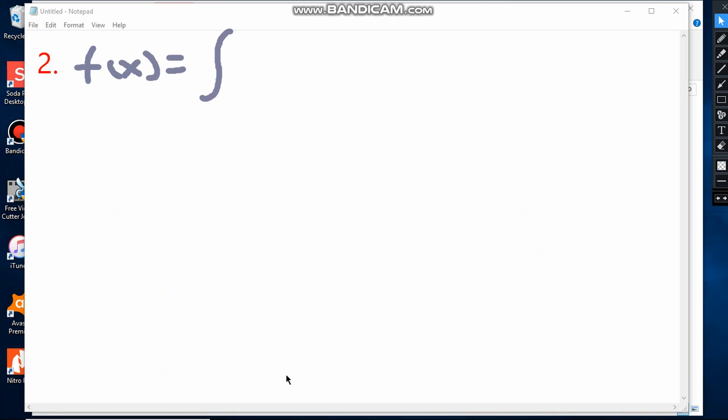f of x is equal to the integral of x divided by the square root of x squared plus 3, times dx. This is g dash of x, and this expression inside the square root is g of x.